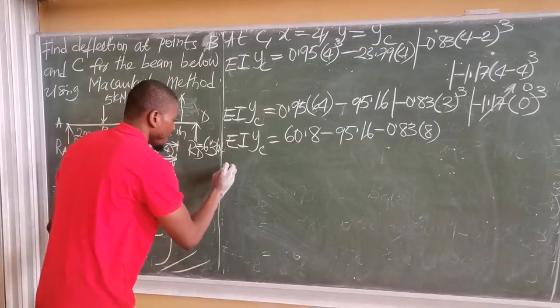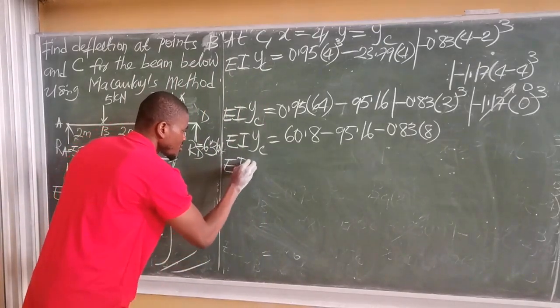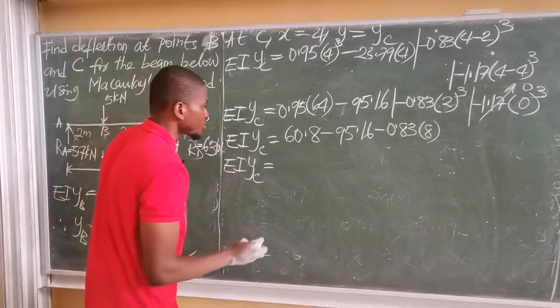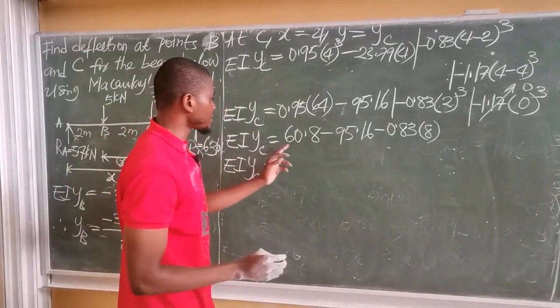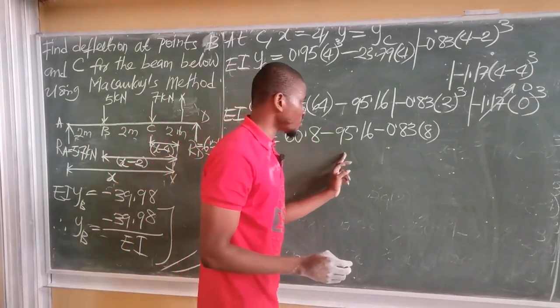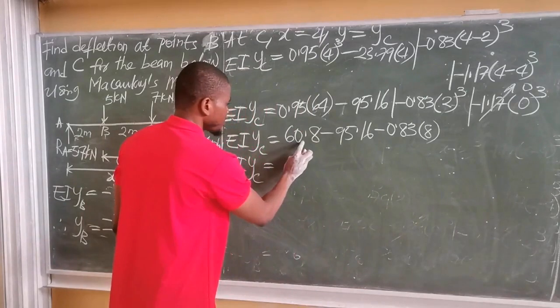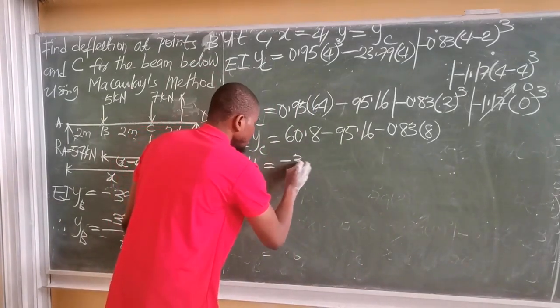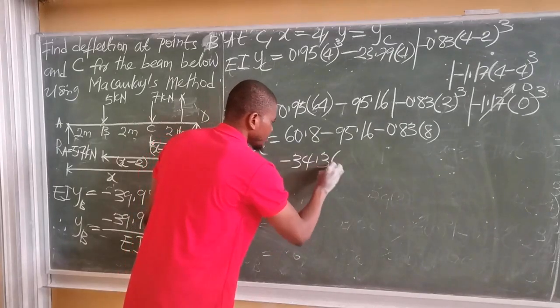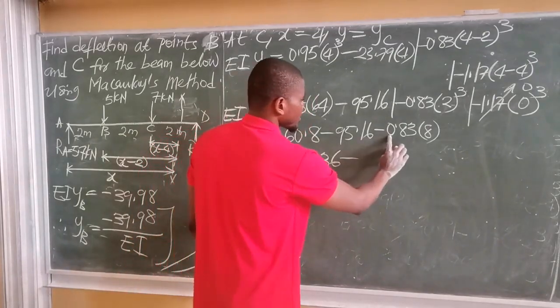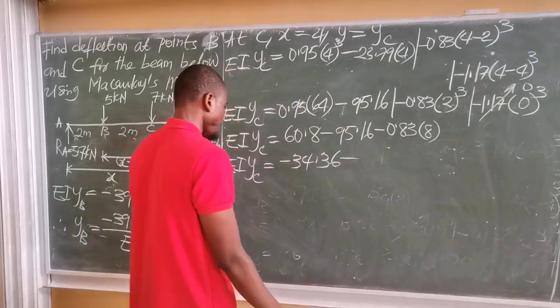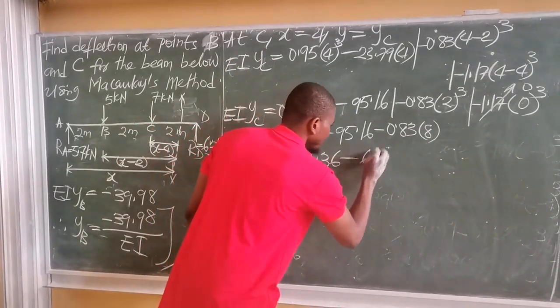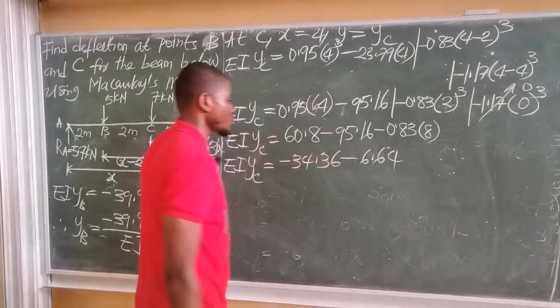Okay, so EI YC is now equal to, so I have 60.8 minus 95.16, which is minus 34.36, minus 0.83 multiplied by 8, which is minus 6.64. So I have this.